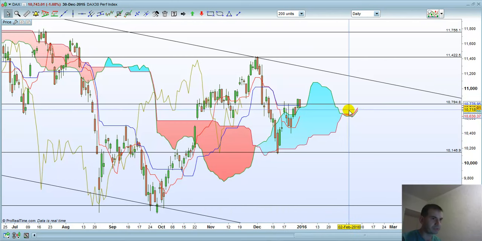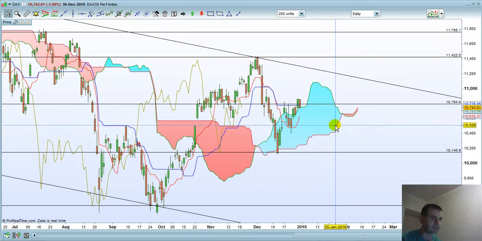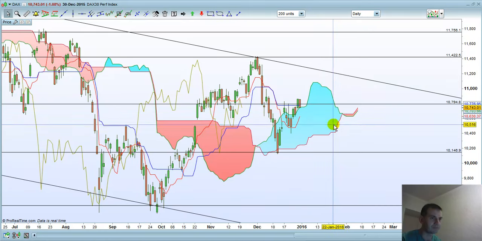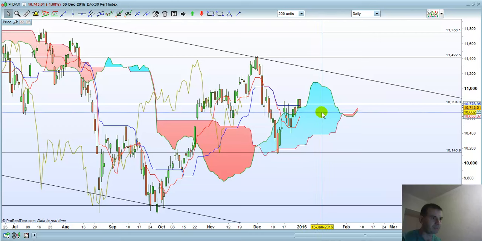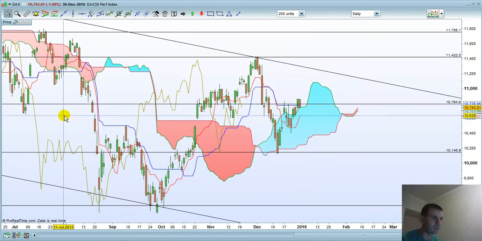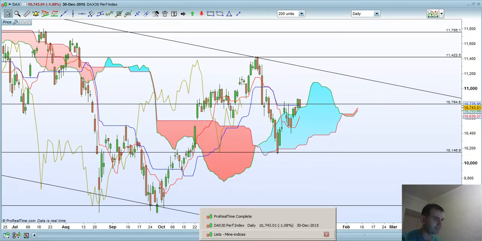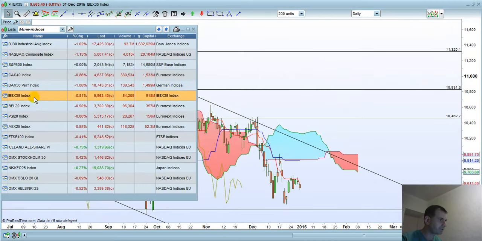Choose your strategy, what steps you should take. But I think that there can be declining because of overall bearish trend. Okay. Next index is IBEX index.